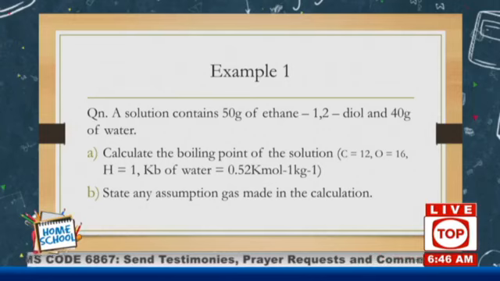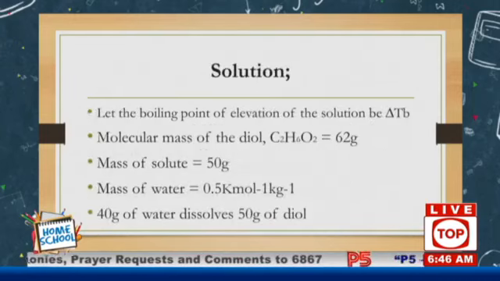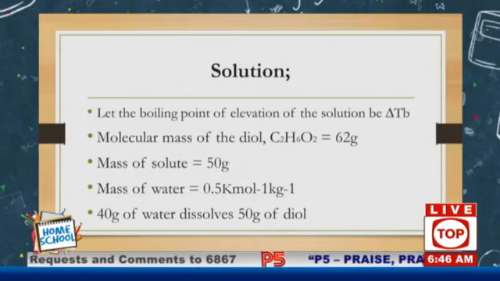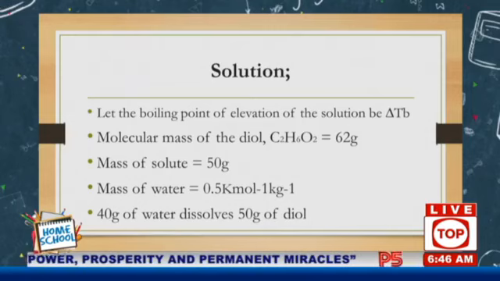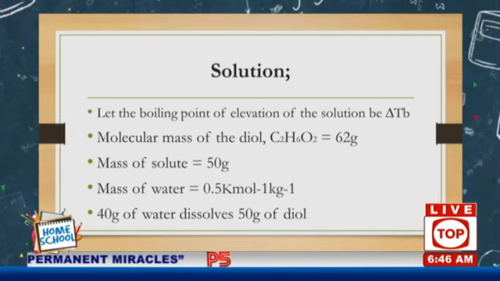So on our next slide, we look at the summary. What you do first is you summarize whatever is given. You let the boiling point elevation of the solution be change in TB. Then the molecular mass of the ethane diol, you get 62 grams.